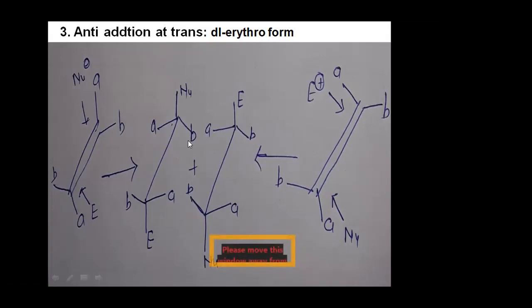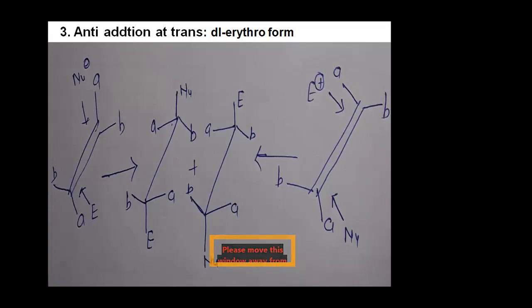Now, if you want to convert Sawhorse projection formula into Fischer projection formula, then you need to first convert staggered form into eclipse form.